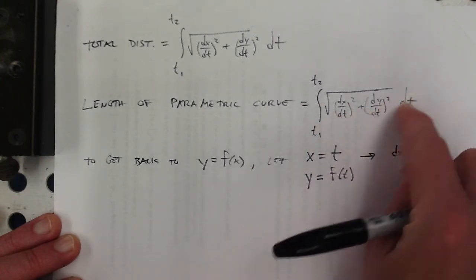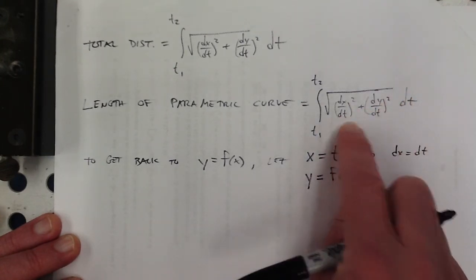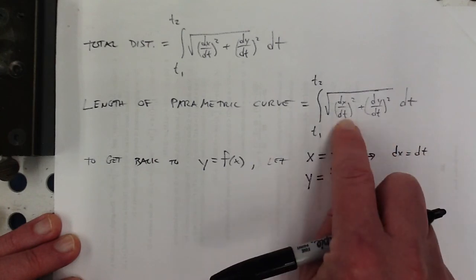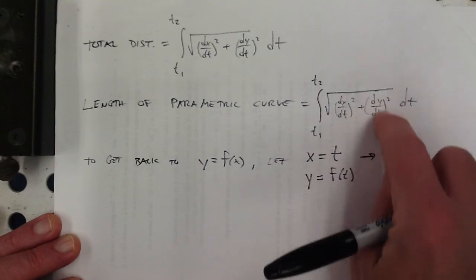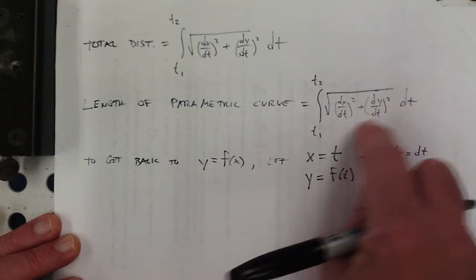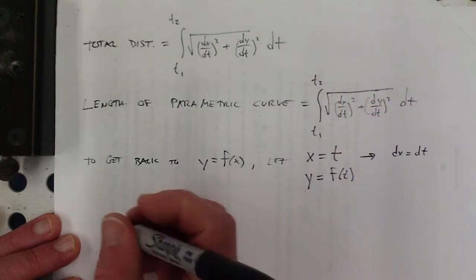So substituting here, everywhere where I see a dt, I'm going to substitute dx. So what's dx over dx? That's just 1. Squared is just 1. Plus dy dx squared dx. And then these would be x values instead.